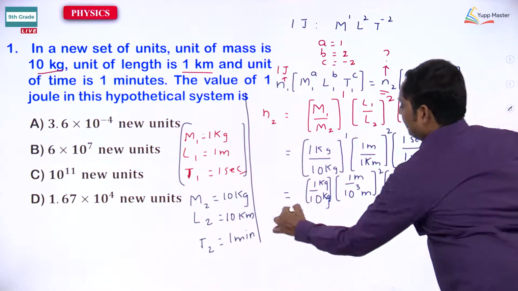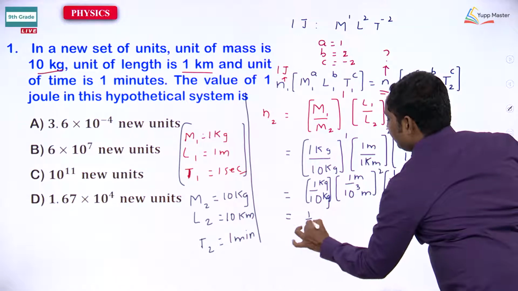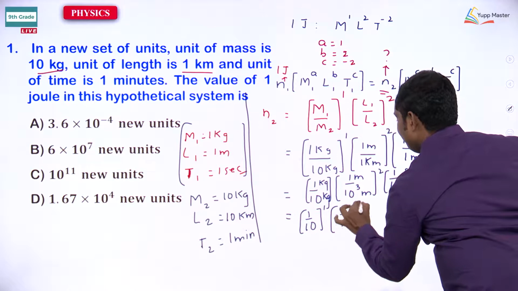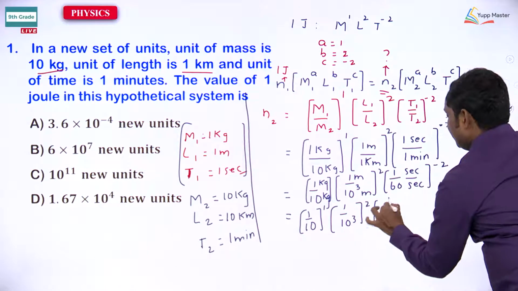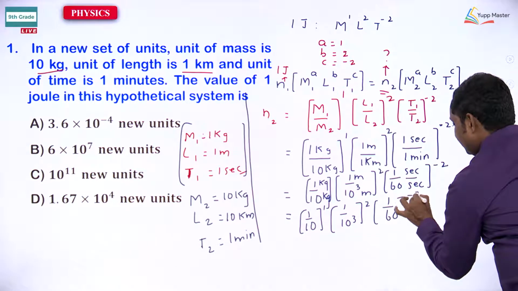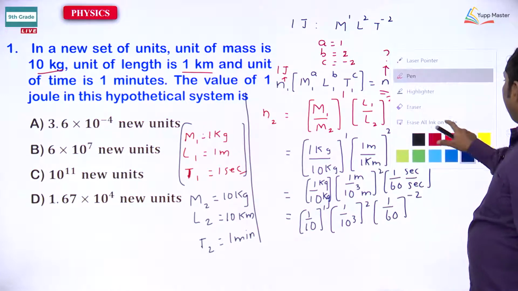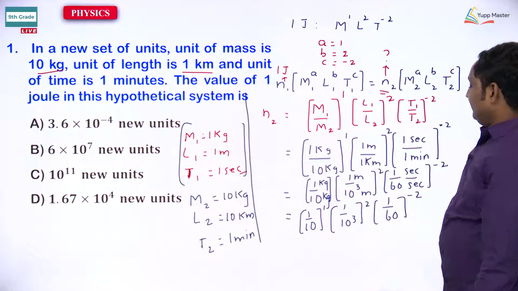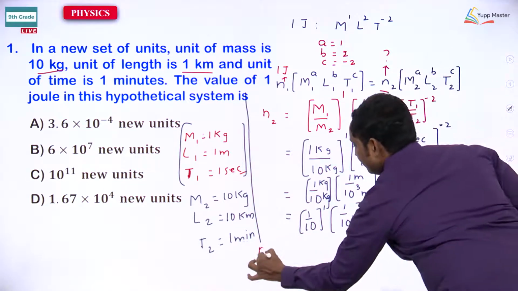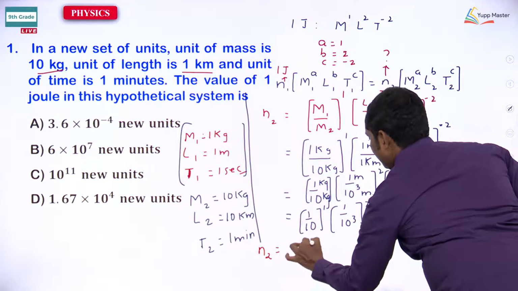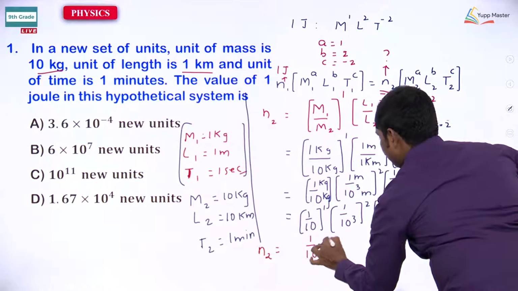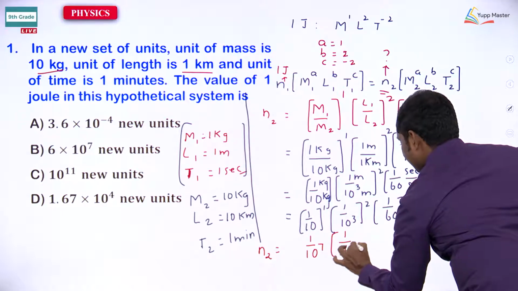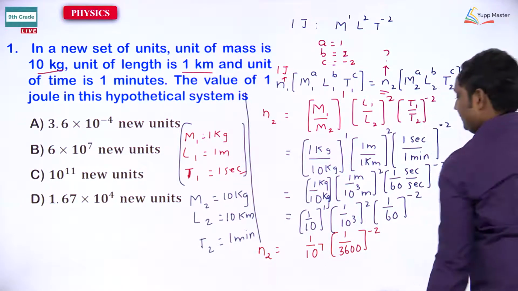That value is going to be 1 by 10 power 1, 1 by 10 cube power 2, 1 by 60 power minus 2. It is very clear we are going to get this value, please wait. Now therefore, N2 is equal to 1 by 10 power 7 into 1 by 3600 whole power minus 2.